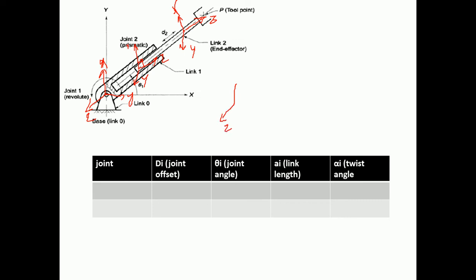This is z, this is x, and this is y. Now we have to draw the other frames. This is x, this is z, and this is y, and at last the third joint frame, z, x, and y.